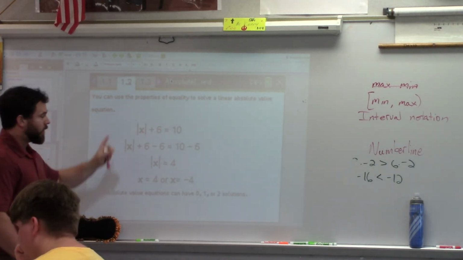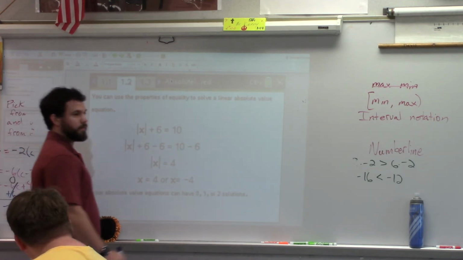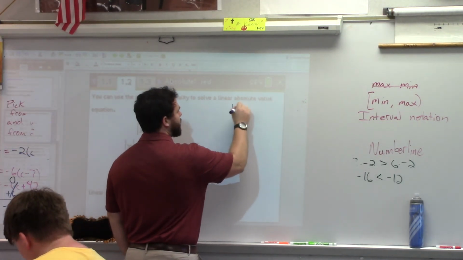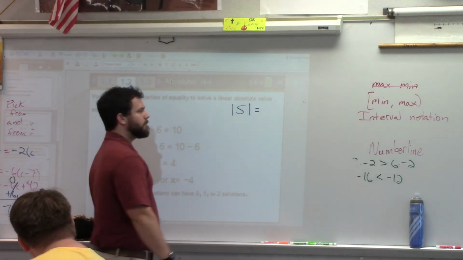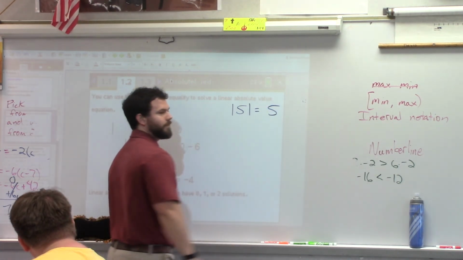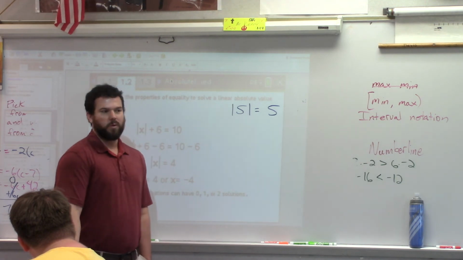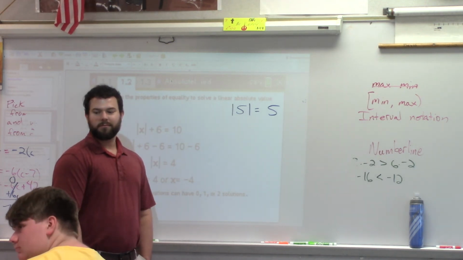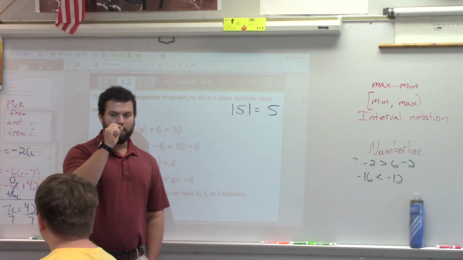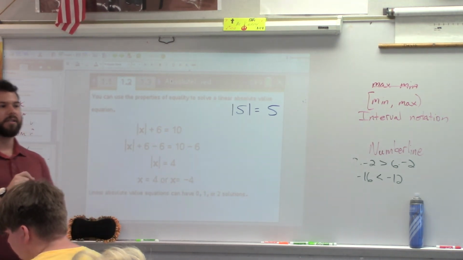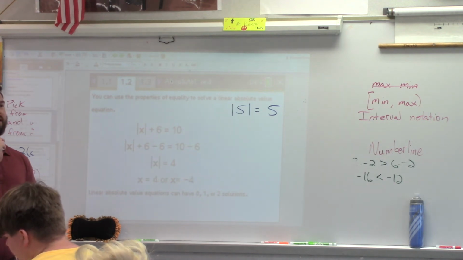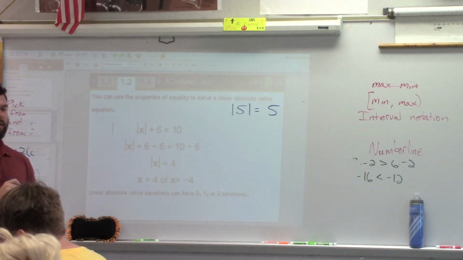Really quickly, before we start getting into these absolute value equations, what is the absolute value of 5? 5. Okay, why? Because it's absolute value. What is absolute value though? Make sure you make this note on the absolute value page if you did not already know this. The absolute value of a number equals the distance from 0.